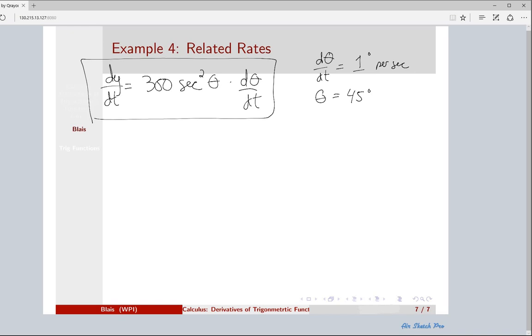So in radians, 45 degrees is pi over 4. Our rate of change of 1 degree per second, we're changing to radians. d theta dt in radians, we need to multiply that 1 degree by pi radians over 180. And so we get pi over 180.